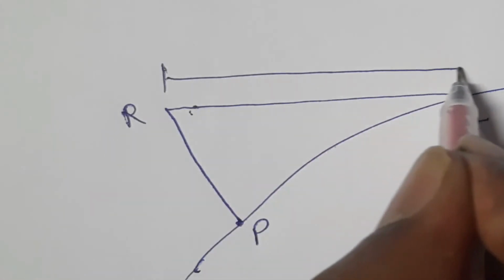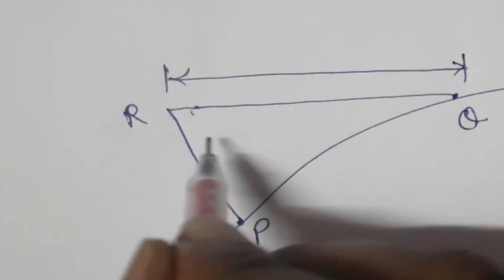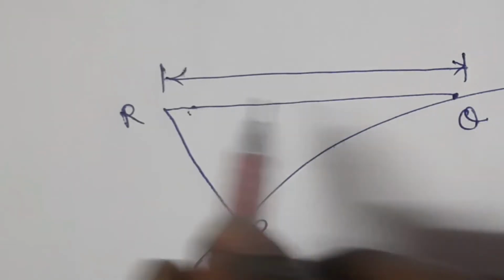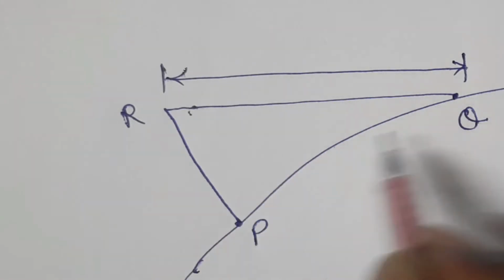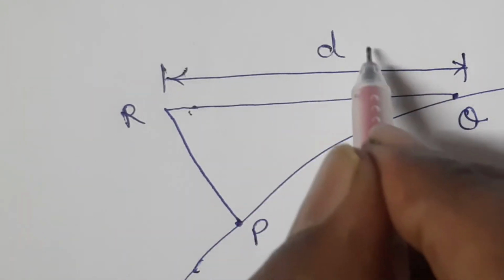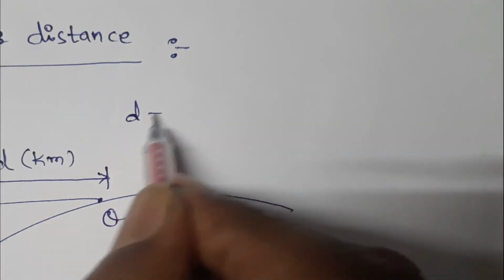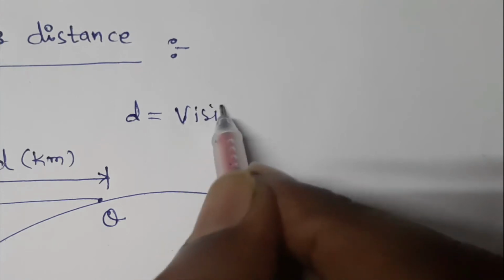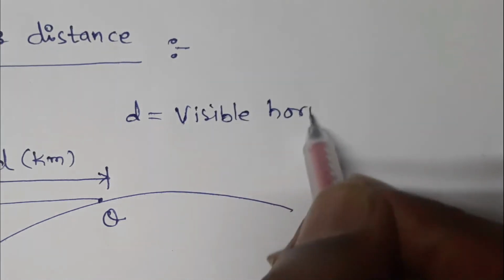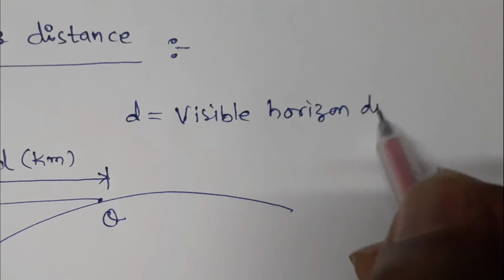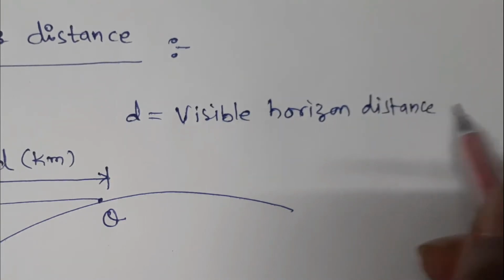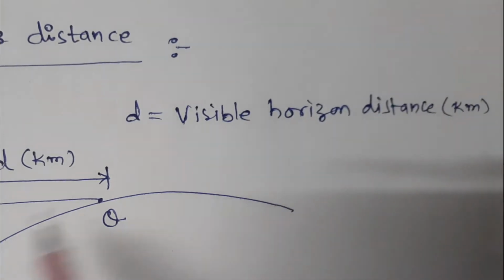Say this is the distance between R and Q. This is the visible horizon distance in kilometers. D is the visible horizon distance in kilometers.